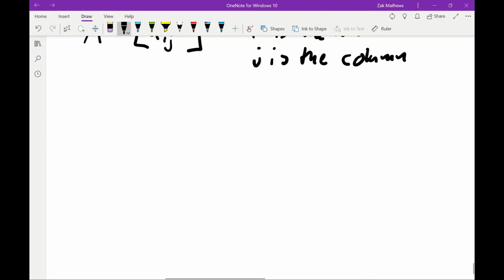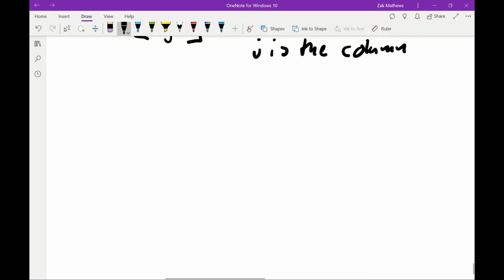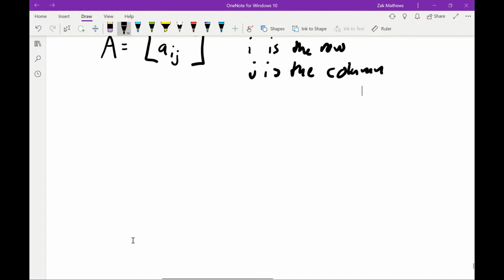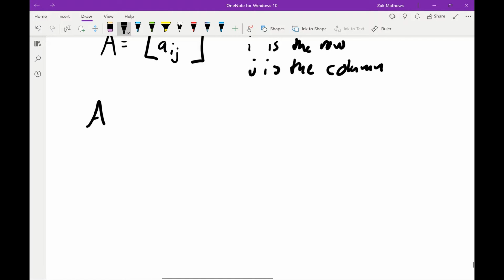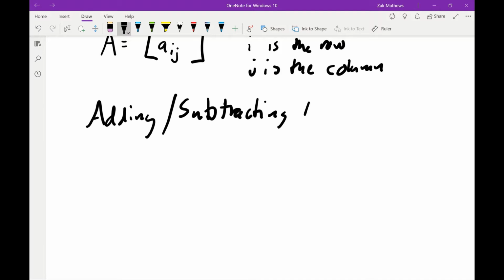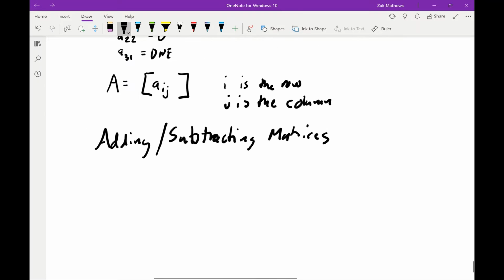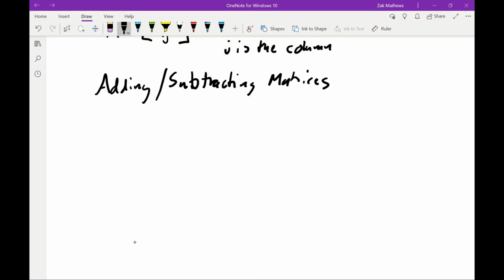And the reason I wanted to start with this is because this is going to make it easier to do operations with matrices. So the first thing that I'm going to look at is adding and subtracting matrices. Now, the first thing that has to be true in order to add and subtract matrices is that their orders must be the same.